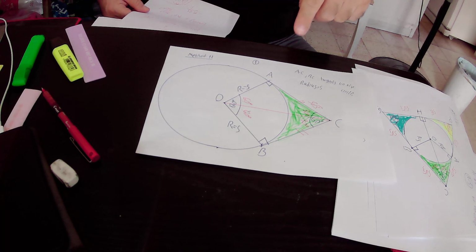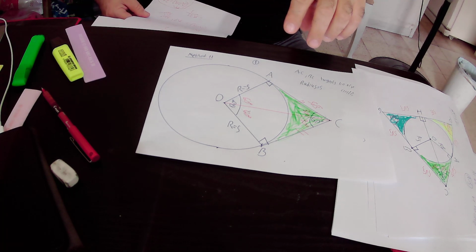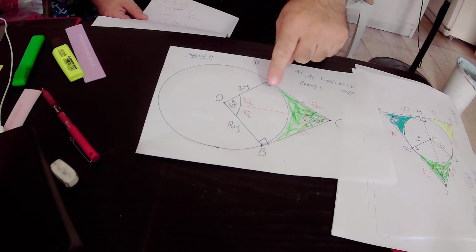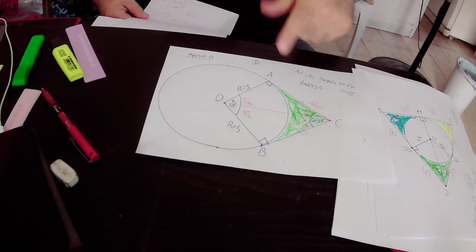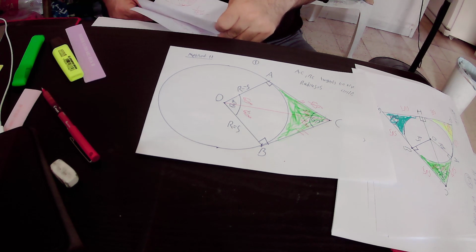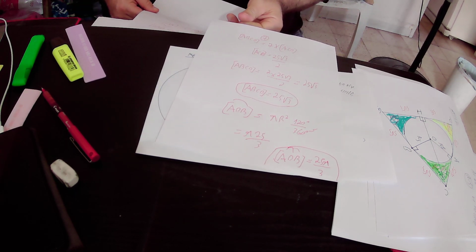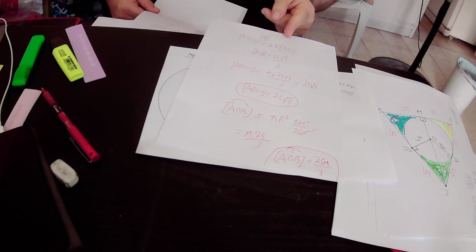So the area of the shape ABCO will be equal to 2 times the area of triangle AOC.